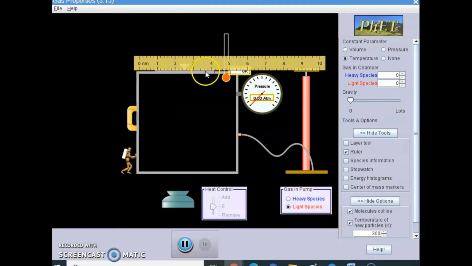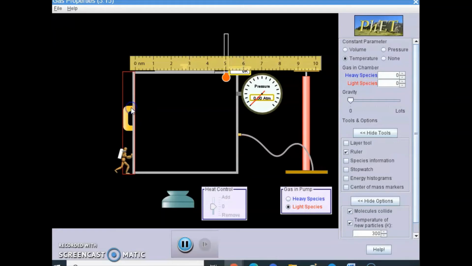We adjust to this, let's say this is 5.6. From 0 to 1, 2, 3, 4, 5. So this is 5.6 nanometers.